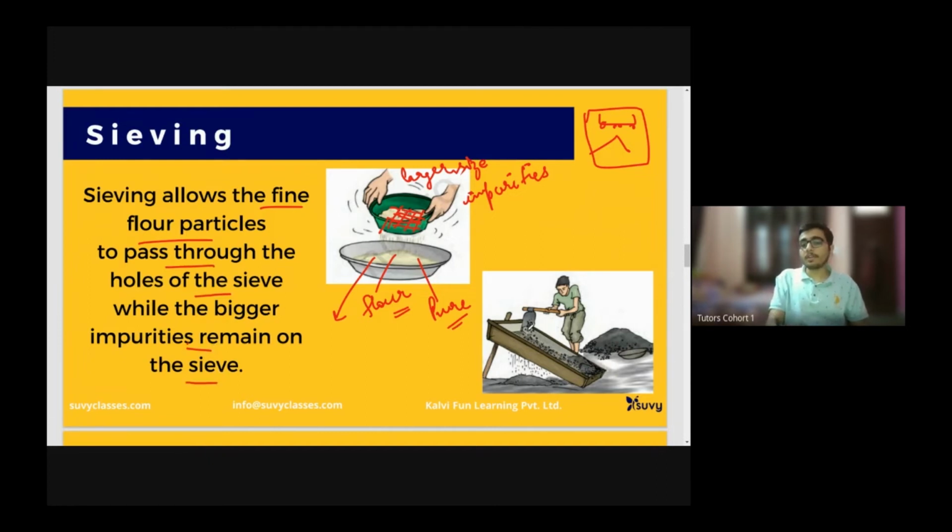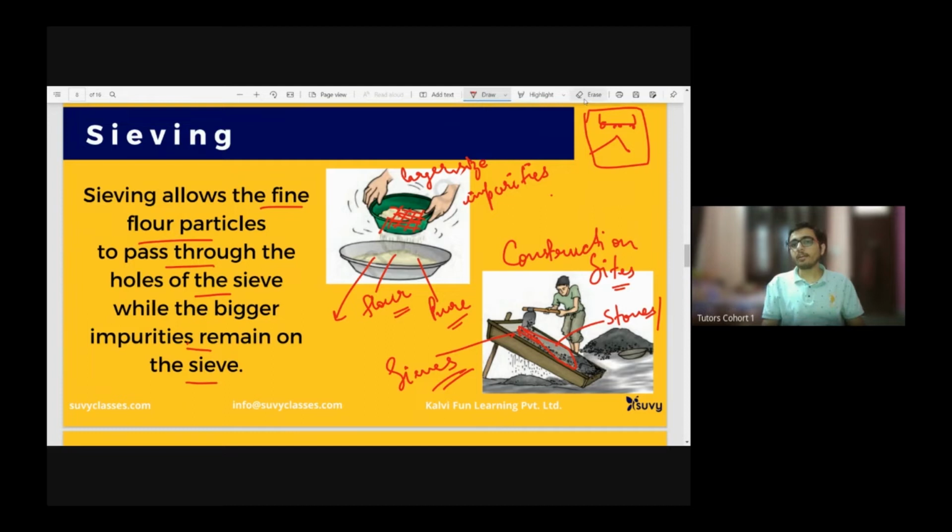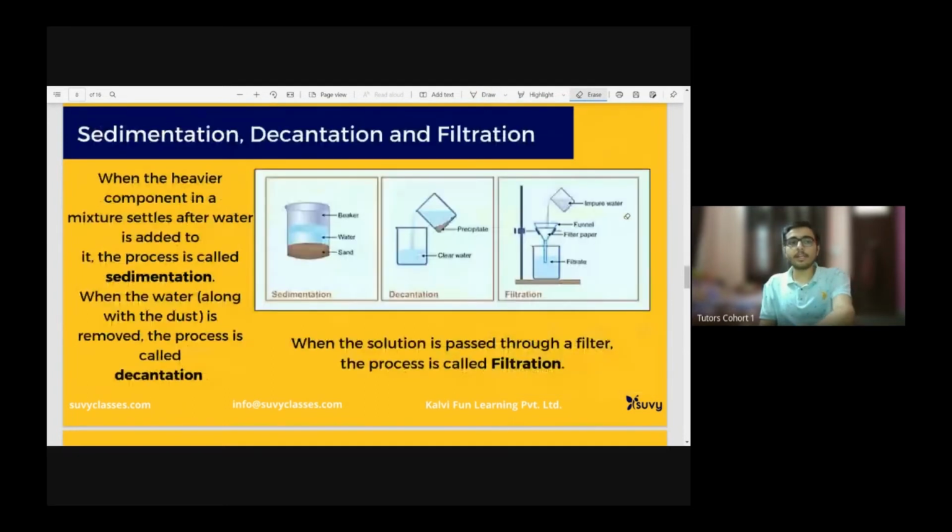Also, you might have observed at construction sites when we bring sand and cement for building purposes, we use large size sieves. We just pass the sand through this sieve, and by this we can remove the stones present in it. There are many other impurities in sand that are not fit for construction, so we need to remove them. And how will we remove that? Via sieving.